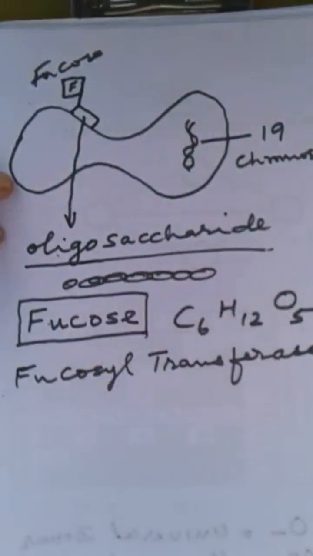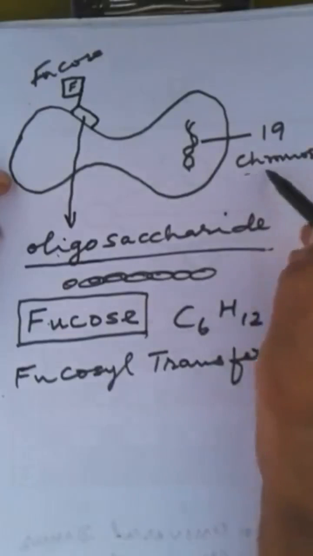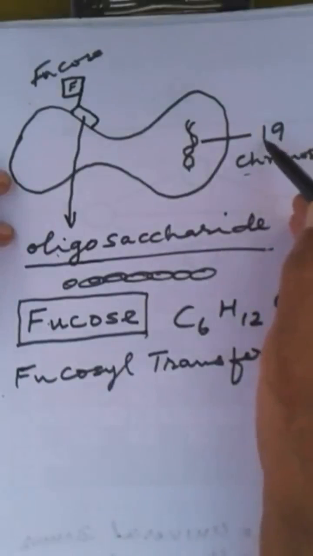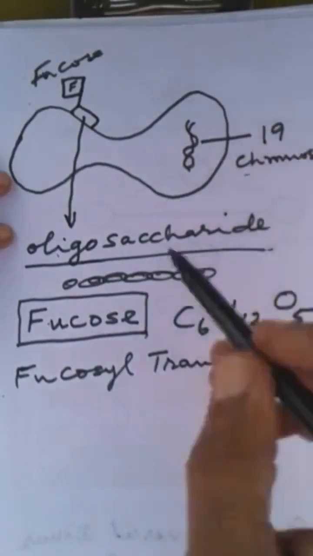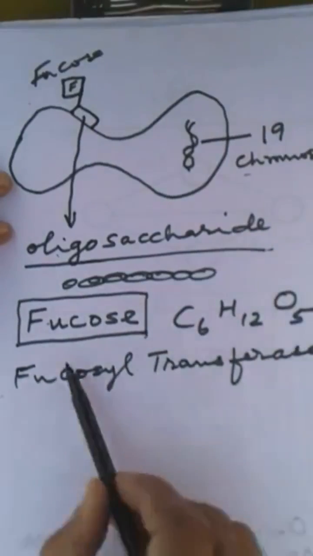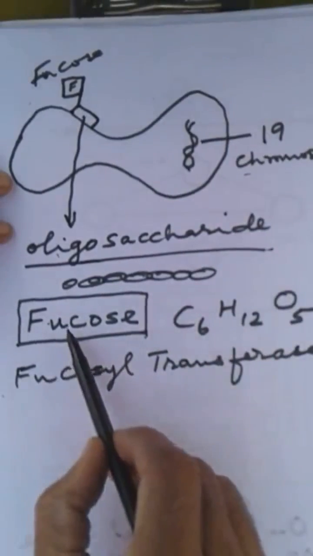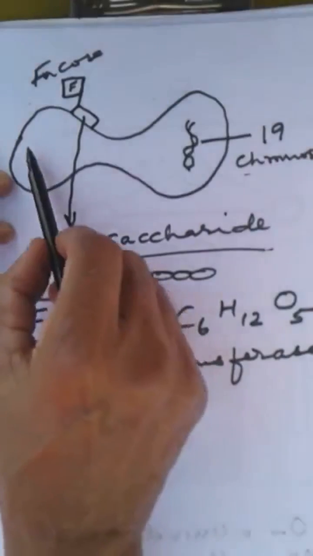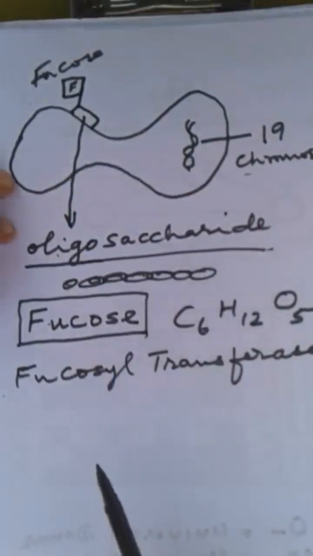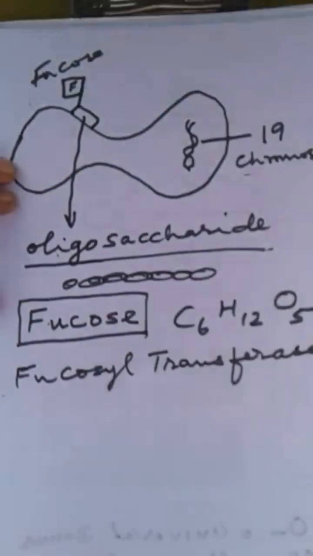You got the point? A gene expresses from chromosome number 19, producing fucosyl transferase, and that enzyme transfers this fucose from this area and attaches it to the oligosaccharide.